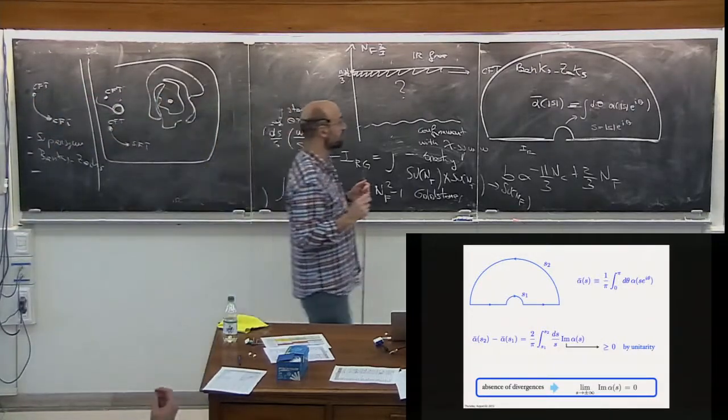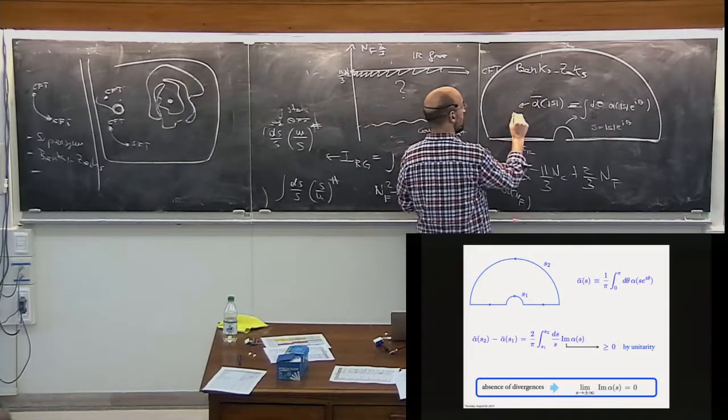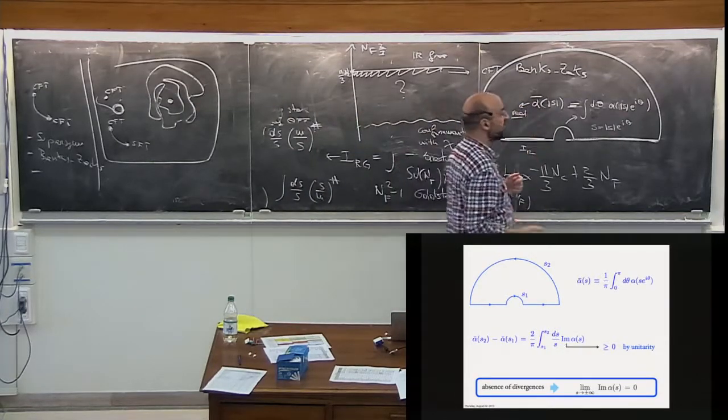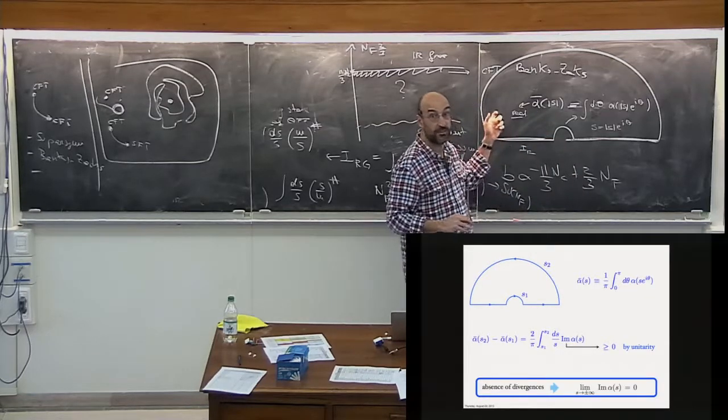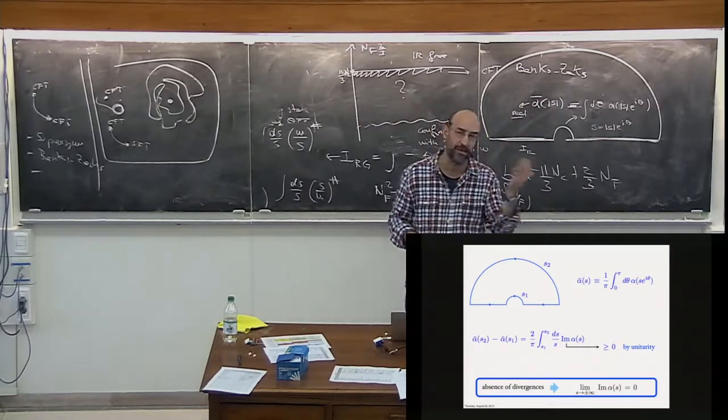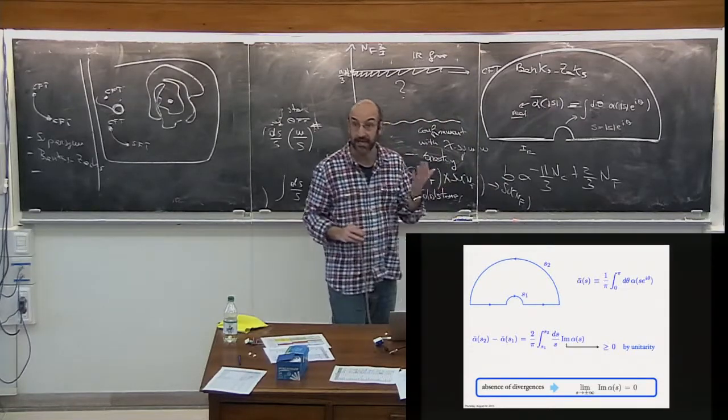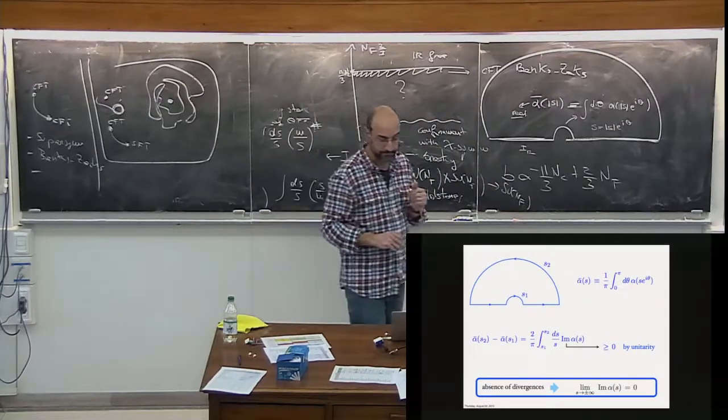Okay, so this quantity is real, and when the theory is conformal, it coincides with the A coefficient up to a coefficient and a sign, it's minus 4A.